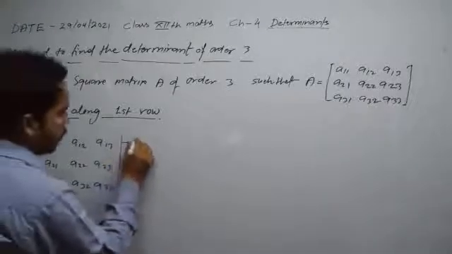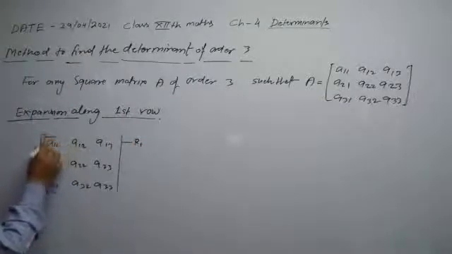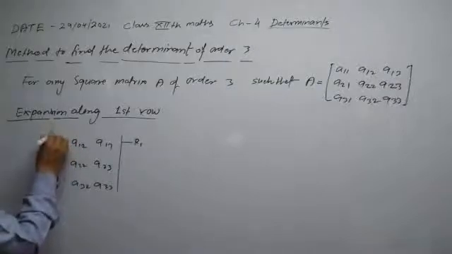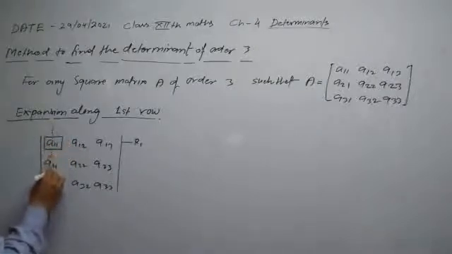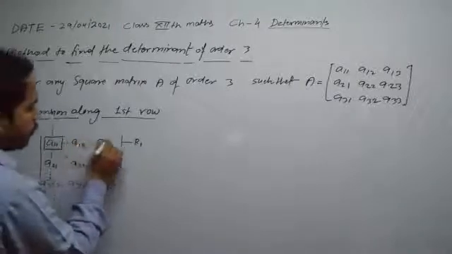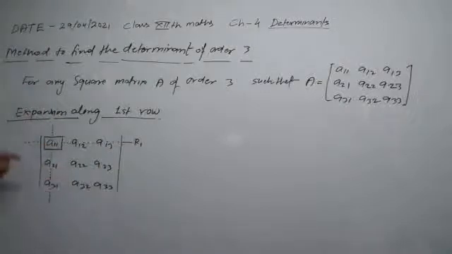This is R1. So expansion is along only R1.